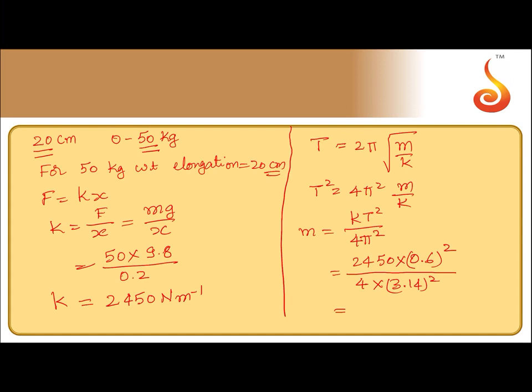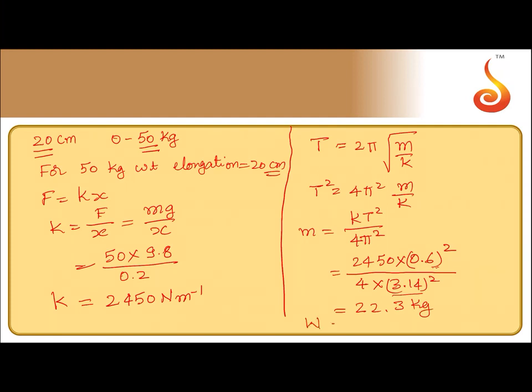You get the mass of the body to be roughly, this can be taken as 10. This is 245 into 0.36. So this will be 0.9. 245 into 0.9 will be around 22, so it should be 22.3 kg.